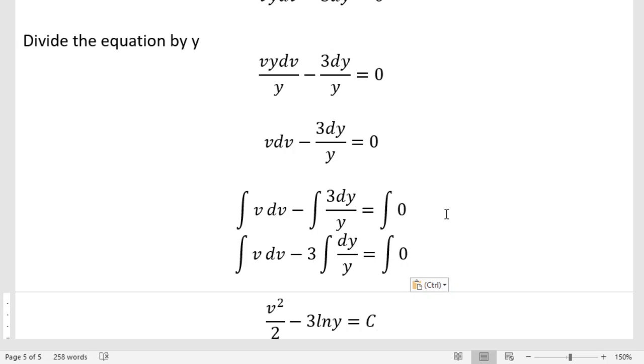Okay. So, the integral of v dv will be v squared over 2, tama. And then, integral of dy over y is 3 ln y is equal to c.